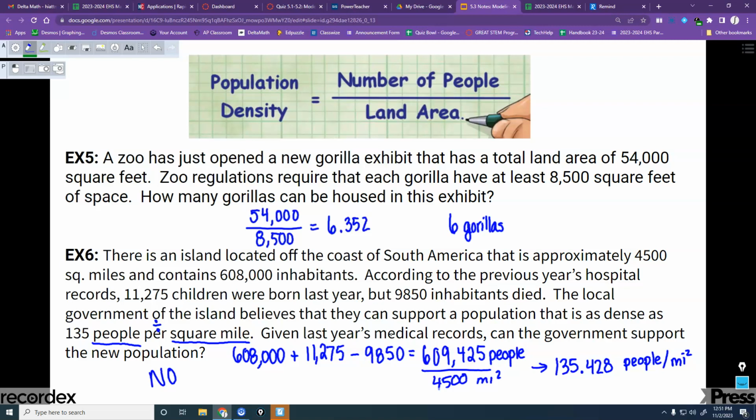Preferably, it would be nice if you could look into increasing your resources, because if it is food, you could look at maybe being able to import more food or ways to grow more food on the island. Maybe there's some land that's not being used that you could grow food on. If it's something like housing, you could look at ways to build new housing for these people, ways to make that affordable for people.